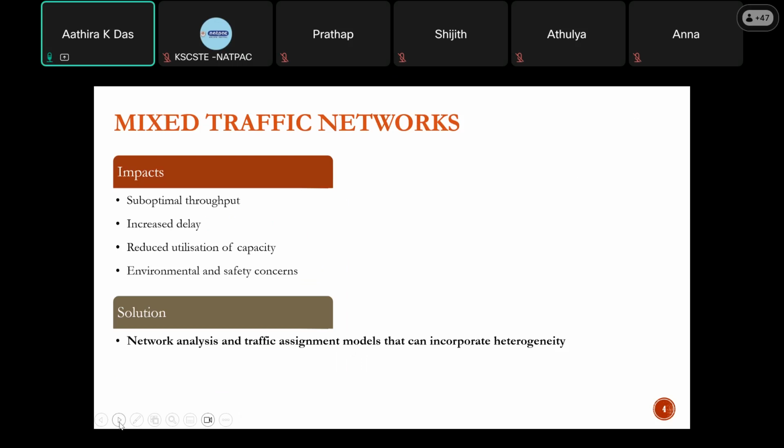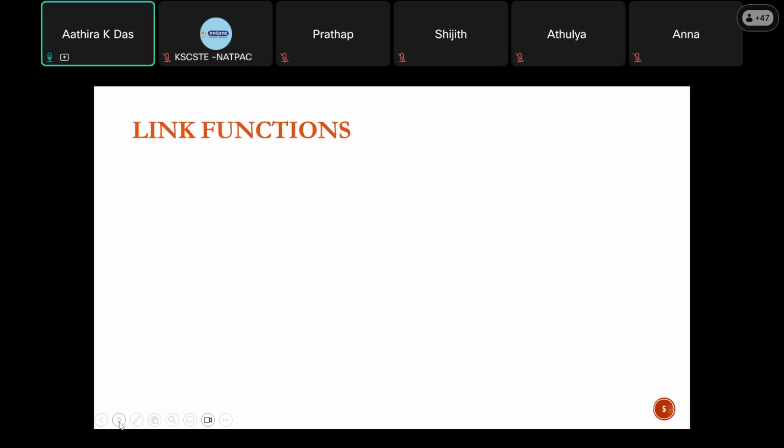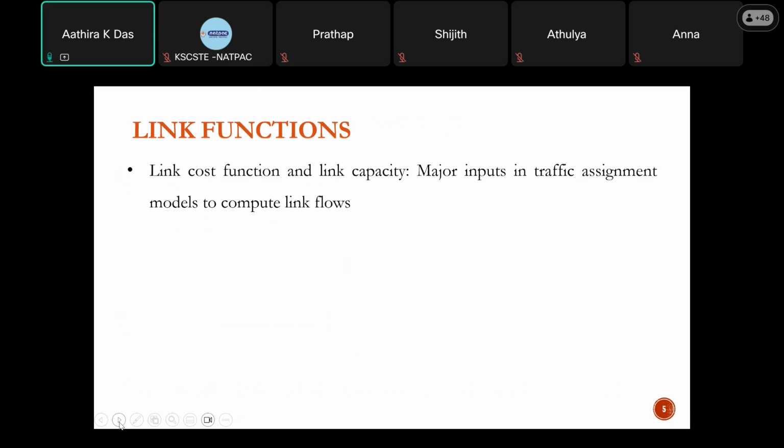So now, how can we incorporate these mixed traffic features into traffic assignment modeling? For this, we are considering the link functions. That are the link cost and capacity functions, which are the major inputs in traffic assignment models, which is required to compute the link flows in a network.